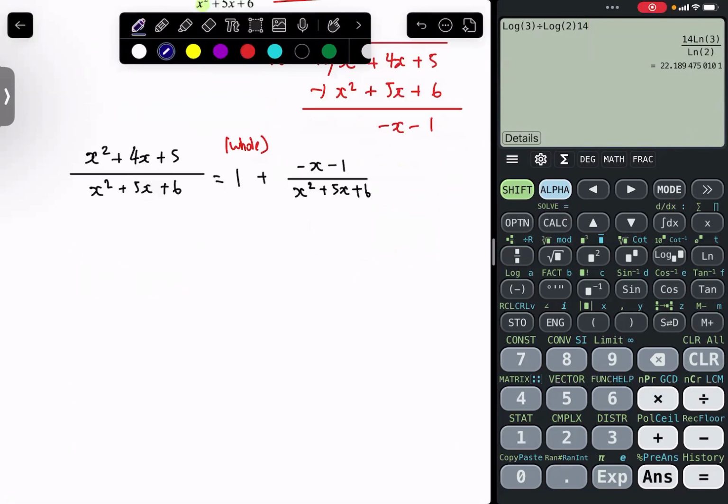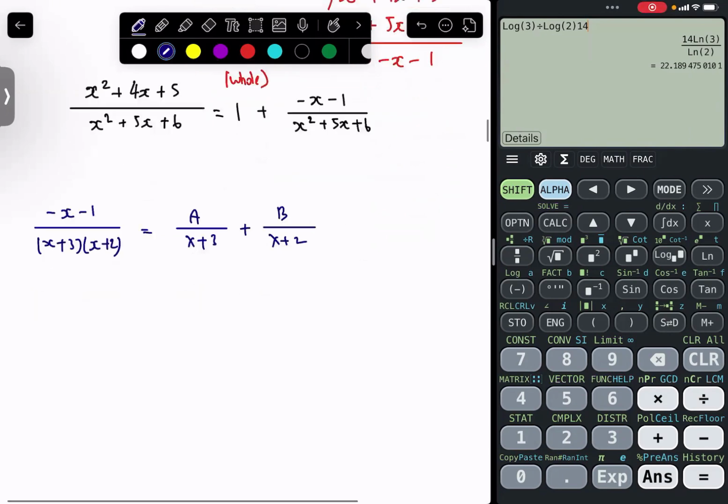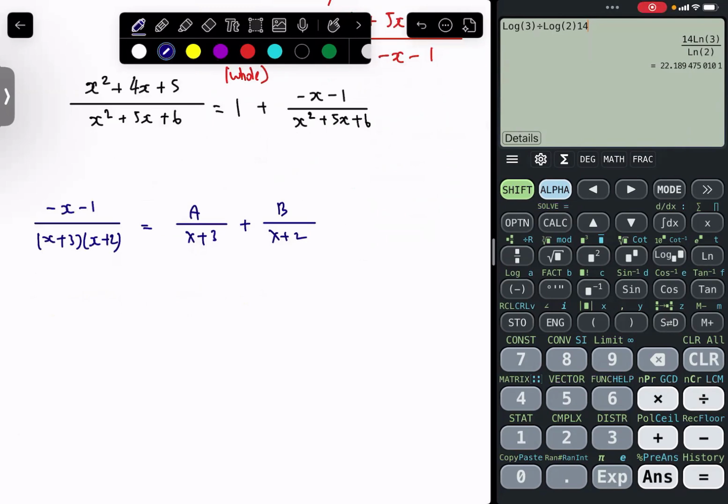Negative x minus 1 over x squared plus 5x plus 6, which is x plus 3, x plus 2, equals a over x plus 3 plus b over x plus 2. So we'll have negative x minus 1 equals a times x plus 2 plus b times x plus 3.